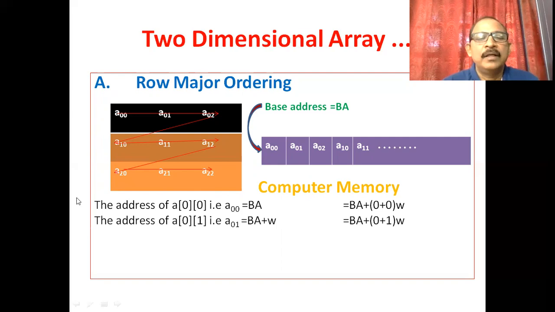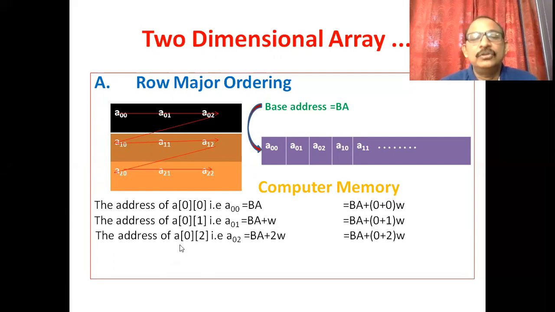Next, the address of the next element in the row major ordering, A01, is BA plus W, and we may write this as BA plus 0 plus 1 into W. Next element A02 is BA plus 2W.